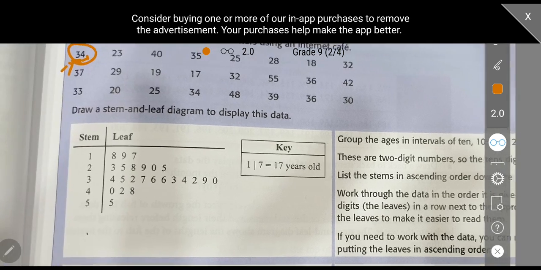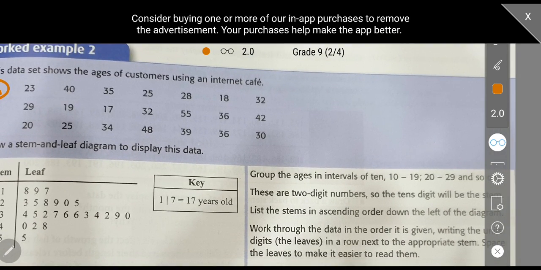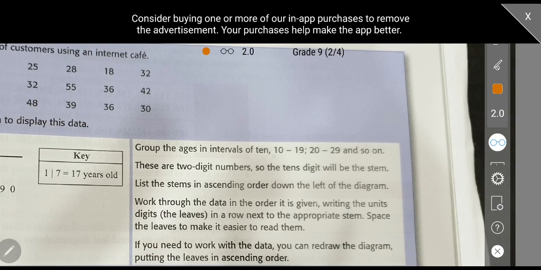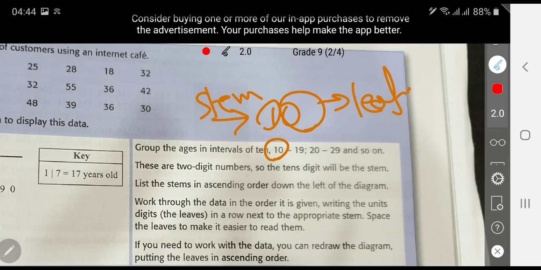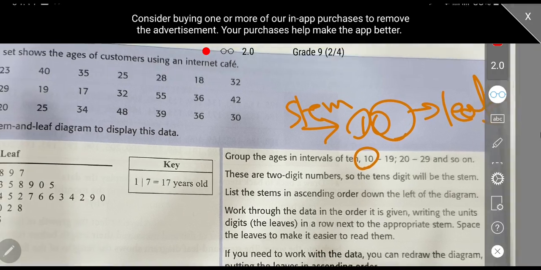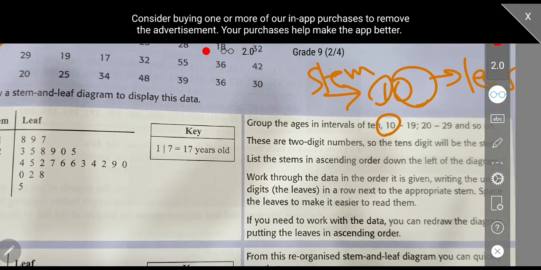So what's the first stem? There are no ones, all are tens. If we have 10, the 1 will be the stem and 0 will be the leaf. So we will make groups of 10.